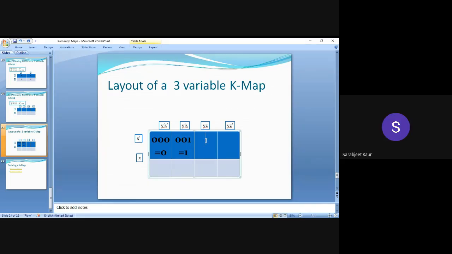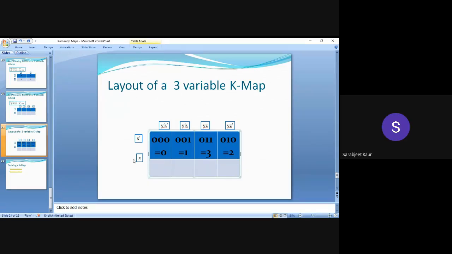Then it is 0, 1, 1, which is equal to 3. I told you to remember these. I told you to memorize these if you remember. Next is 0, 1, 0, which is equal to 2.